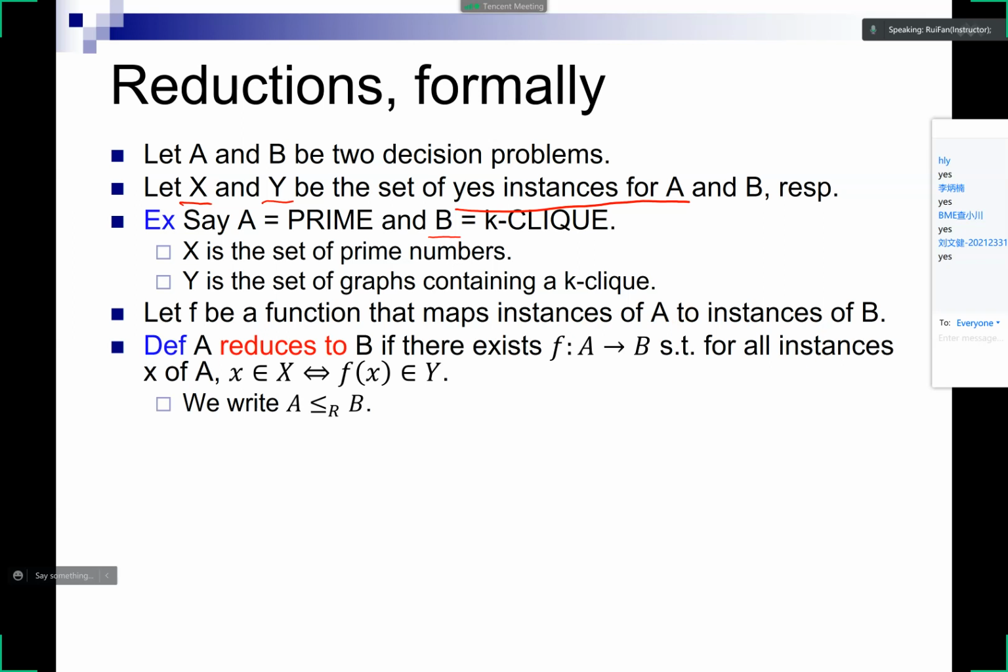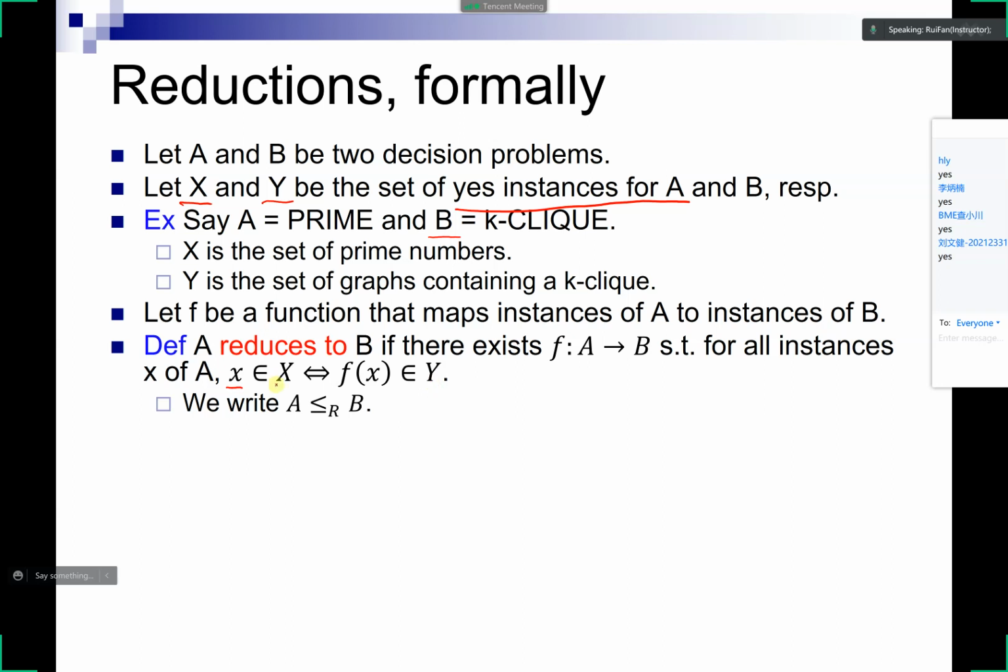Now we say that problem A reduces to problem B if there is a mapping f from A to B such that for all instances x of A, if x is a yes instance, then f of x is a yes instance of B. Let me say that again.